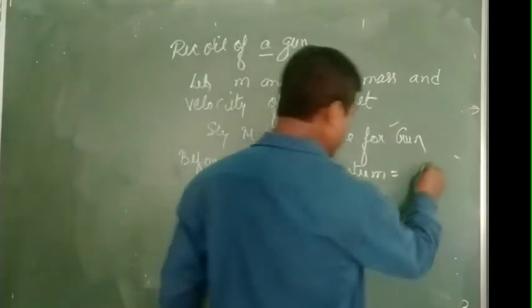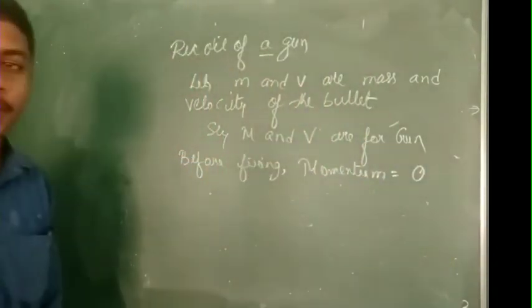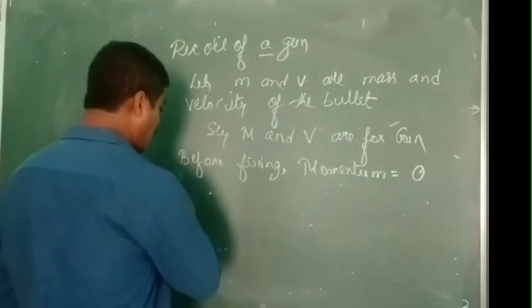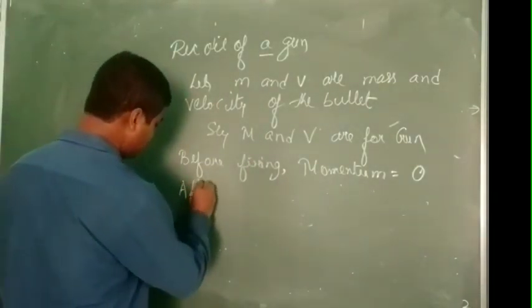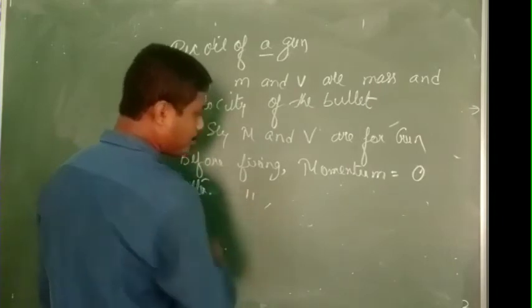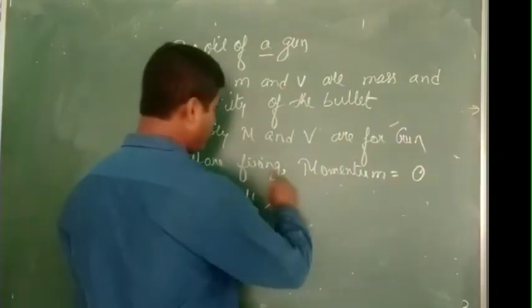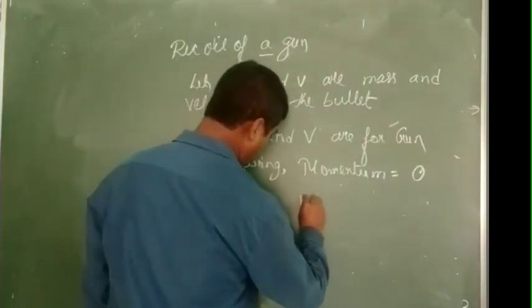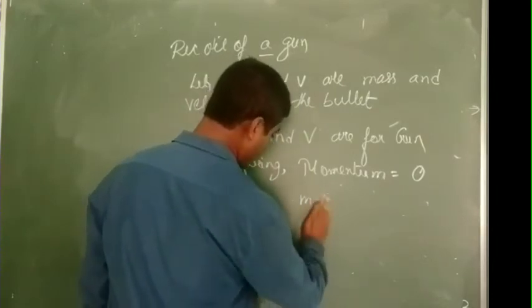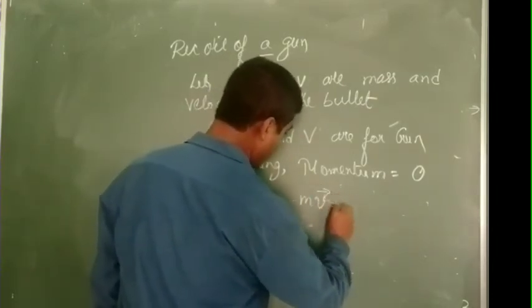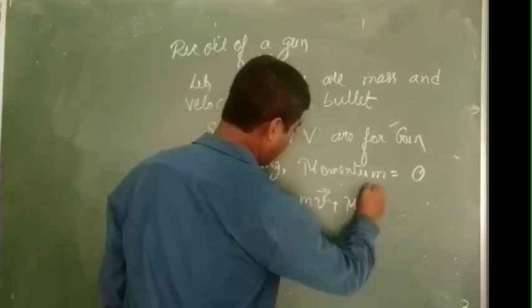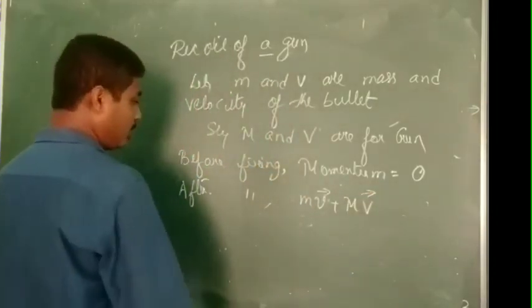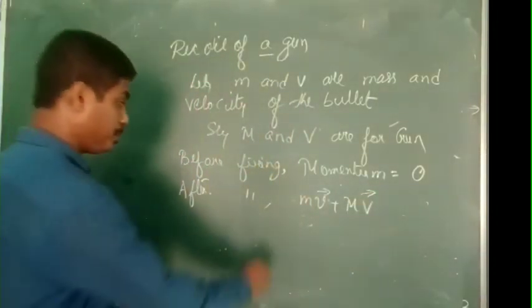The total momentum will be equal to 0. Similarly, after firing, the momentum will be small m into small v, plus capital M into capital V. This will be the momentum after firing.